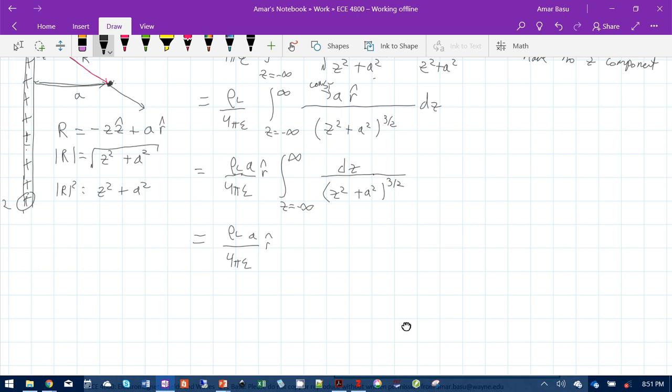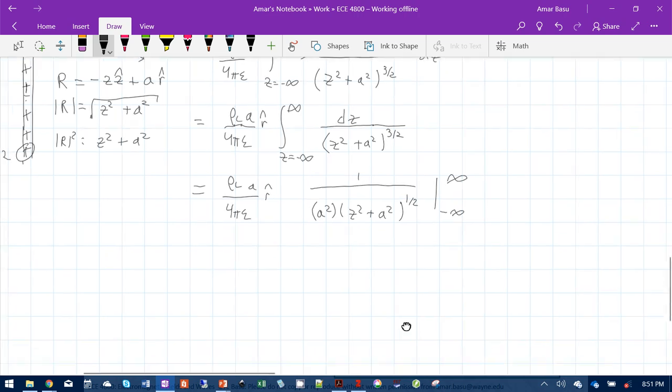So the solution of this is going to be 1 over A squared, Z over Z squared plus A squared to the 1/2. And this is evaluated from Z equals negative infinity to infinity.